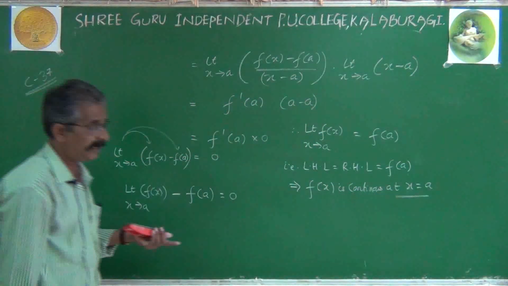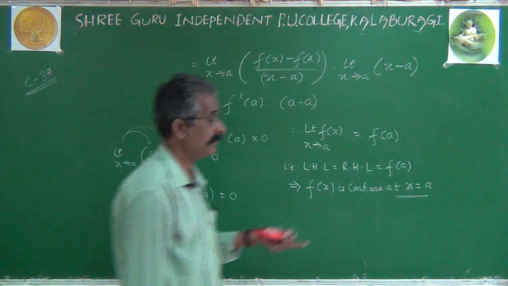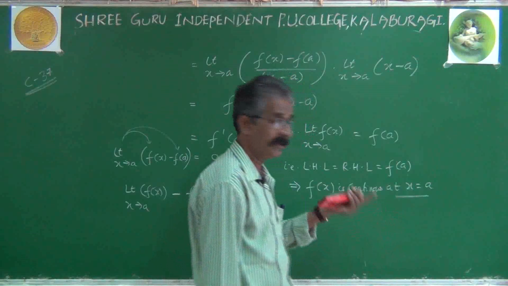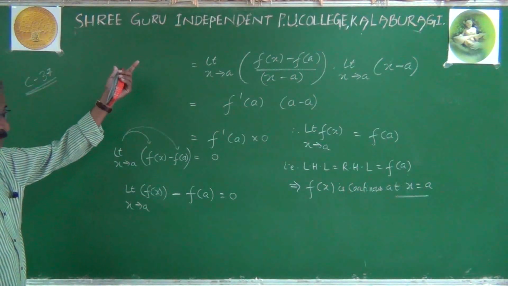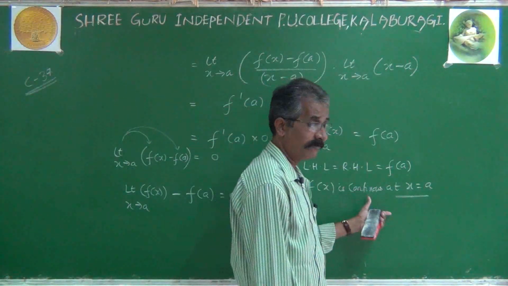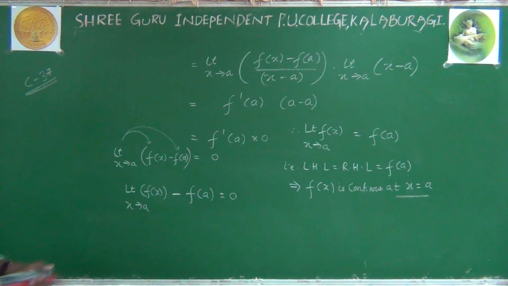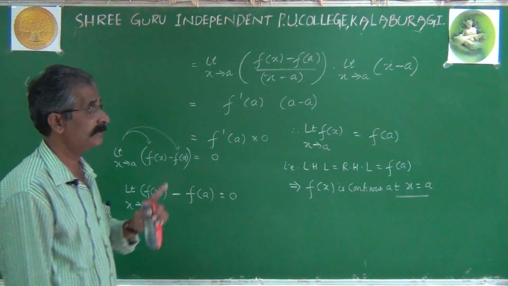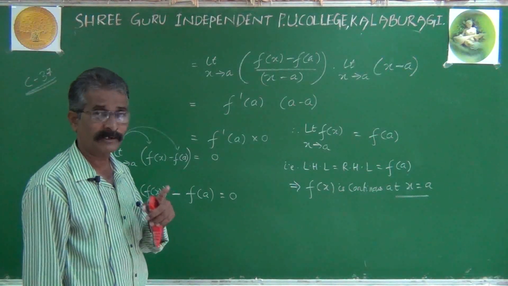Similarly, you can test at x equal to b, at x equal to c, at x equal to d, at x equal to e, at x equal to r, at x equal to l, at x equal to m. For any value in the interval, the same kind of process can be taken, and easily we can show that the function is continuous whenever it is already given that it is differentiable. So the simple meaning of this theorem is that a function which is differentiable is 100% continuous.